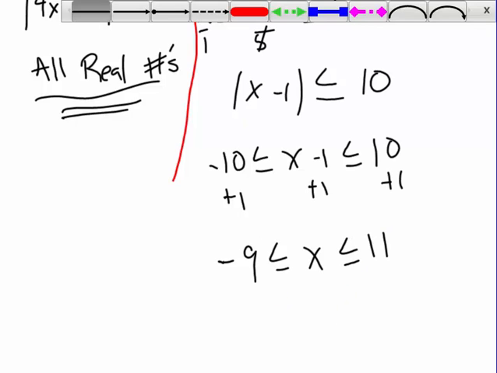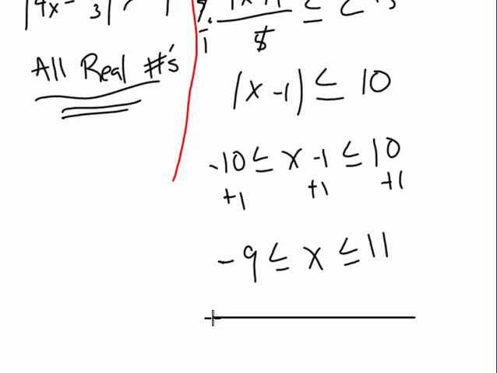And that we can graph on a number line. Here we go, here and here. So we get negative 9, have some 0, and 11. Closed circles on both, and shading in between.